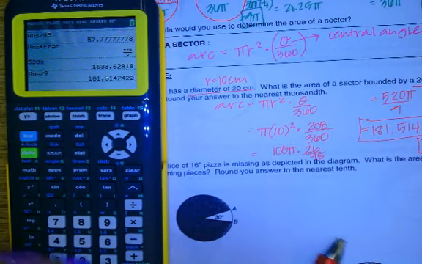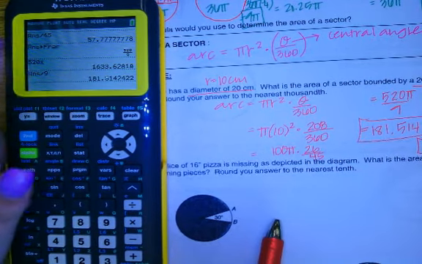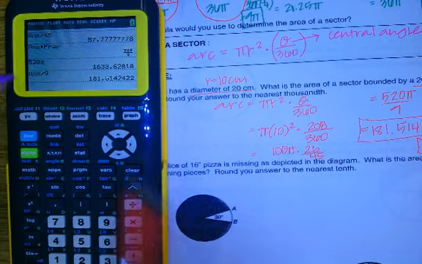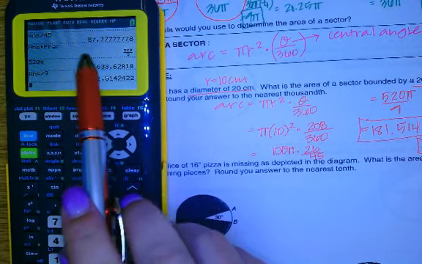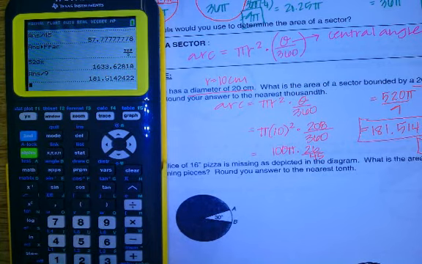If you're getting 57.777, okay, that's because you're not accounting for the fact that you also have pi still. 57.7778 or whatever is 2600 divided by 45. Okay, you have 2600 pi divided by 45.